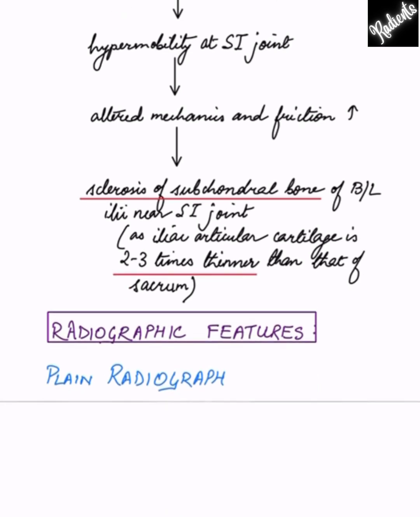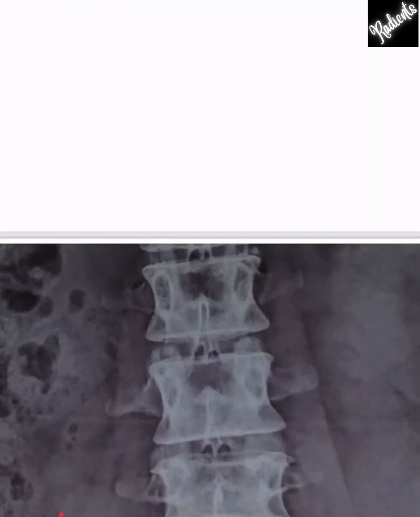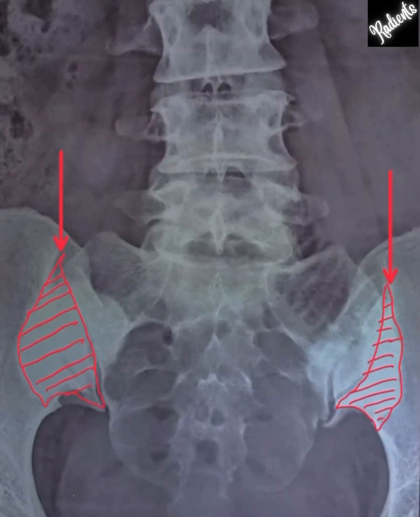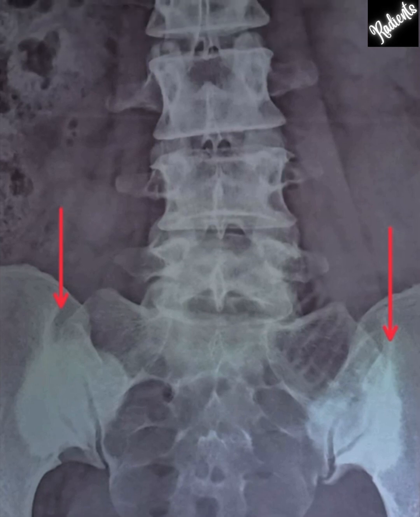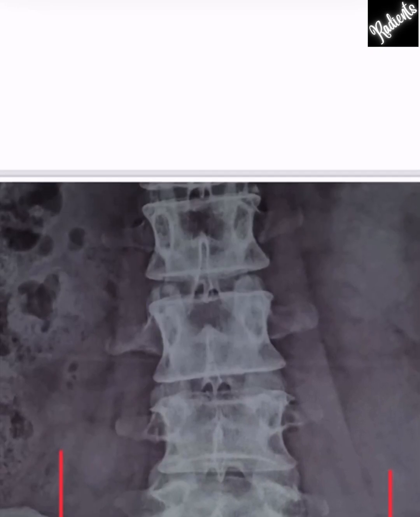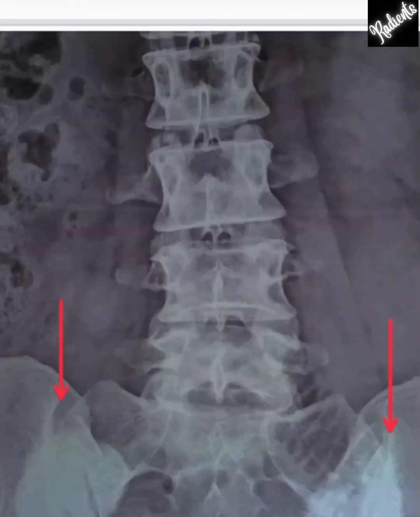If we talk about the radiographic features, on plain radiograph we have already labeled how it looks. I'll again erase the markings that we had done in the beginning of this video. So you can clearly see how there are bilaterally symmetrical triangular radio opacities on either side of the SI joint, and it's towards the iliac side only.